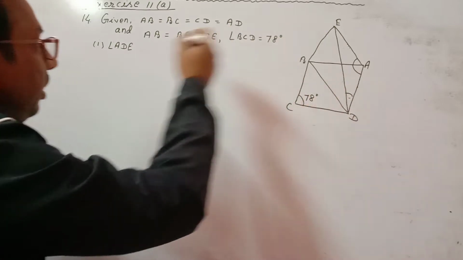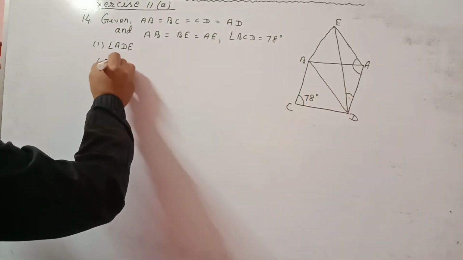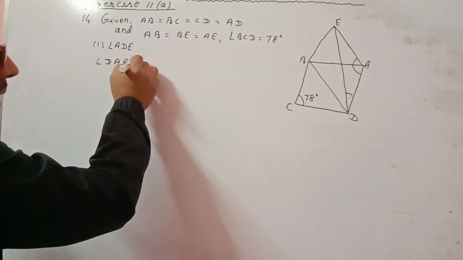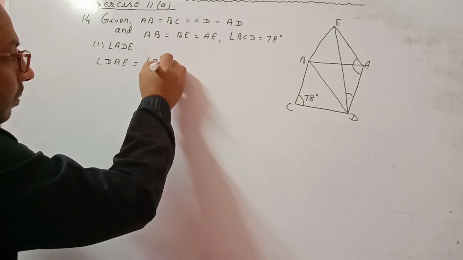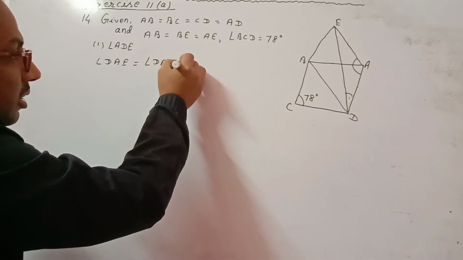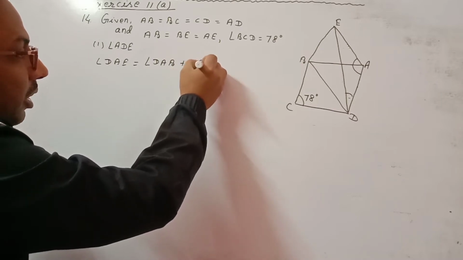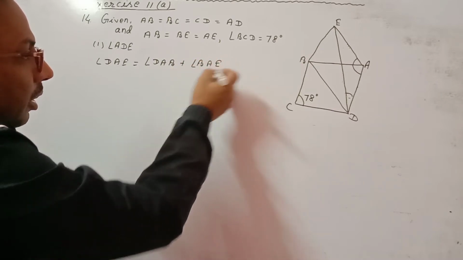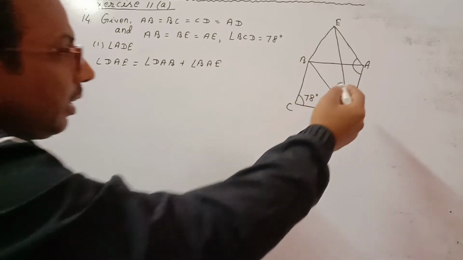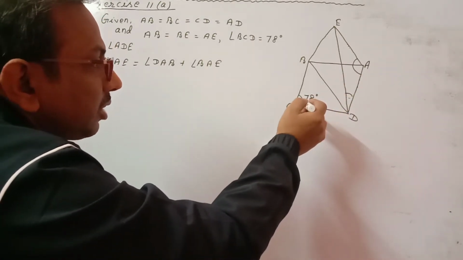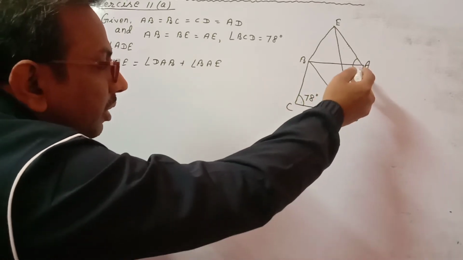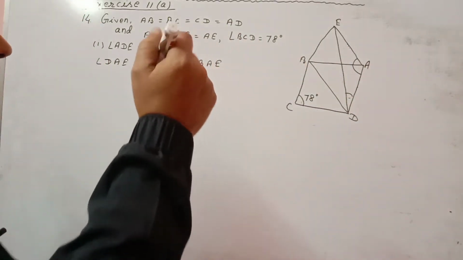So, first of all, we'll find out angle DAE. So, angle DAE equal to angle DAB plus angle BAE. DAB is the opposite angle of BCD. If BCD is 78 degree, then BAD will also be 78 degree.